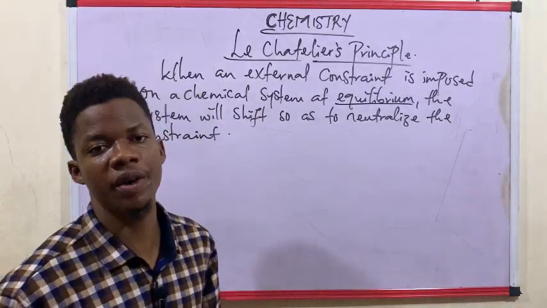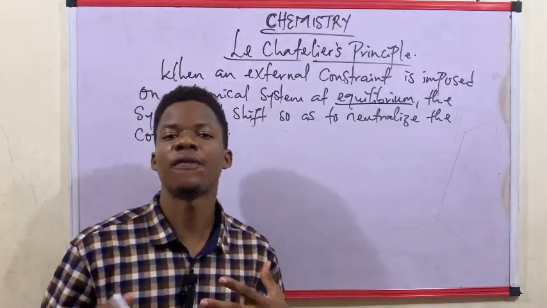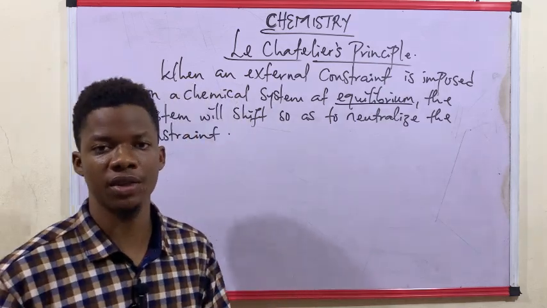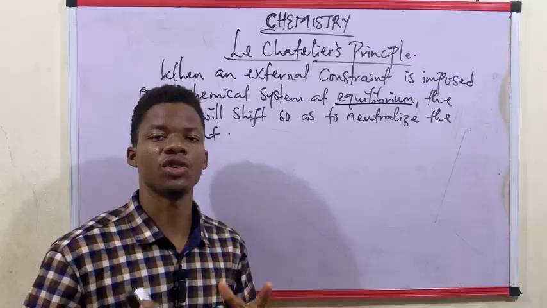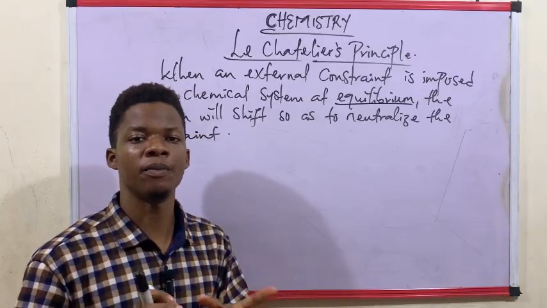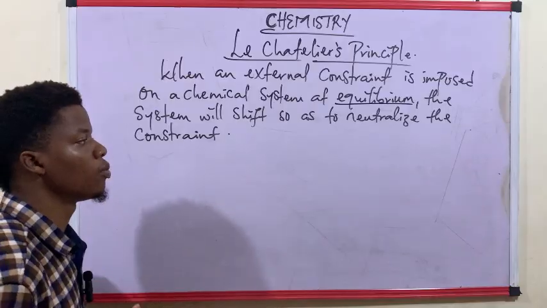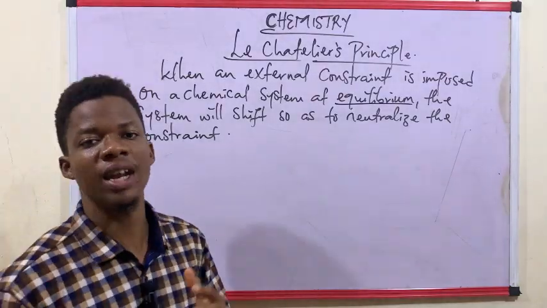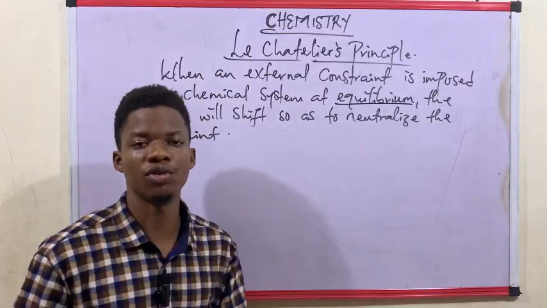So a system is already at rest, and then you impose external factors or external constraints. What will happen is that it's going to cause a shift in the equilibrium of the system. So the system has to adjust in order to neutralize the constraint.